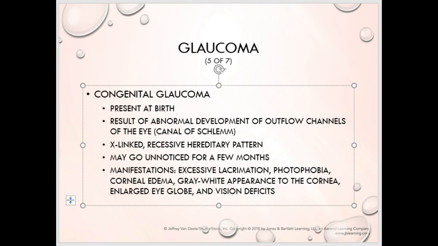But they may have excessive lacrimation, which means a large production of tears, and sensitivity to light. There might be a little swelling on their cornea or a gray-white appearance to that cornea, an enlarged eye globe, and some vision deficits. So I would think those actual anatomical presentations would be more obvious initially than the loss of vision.